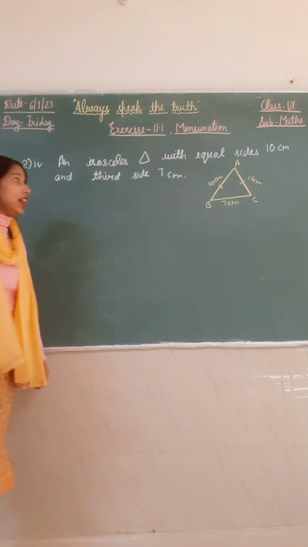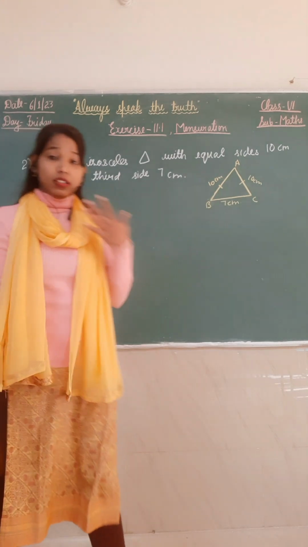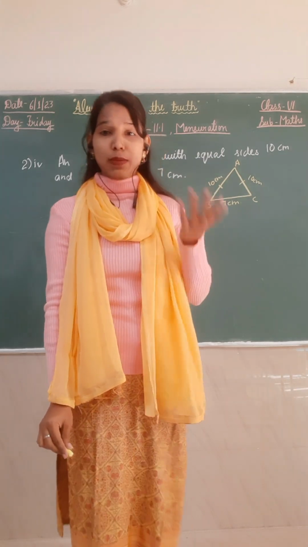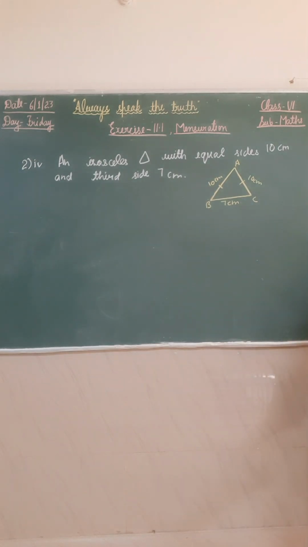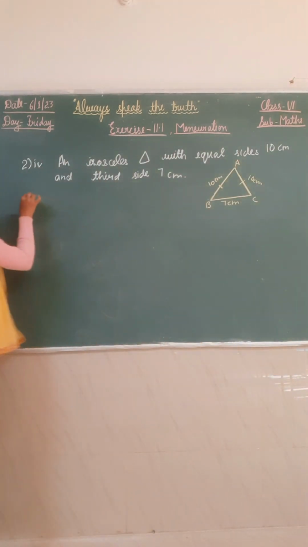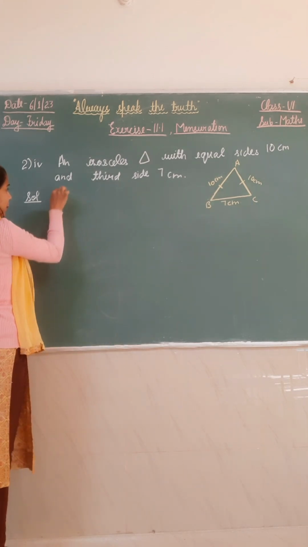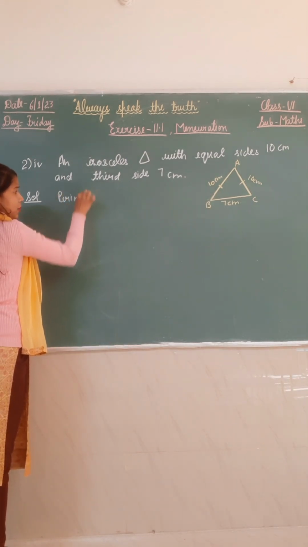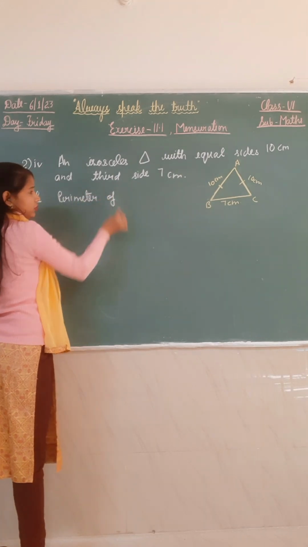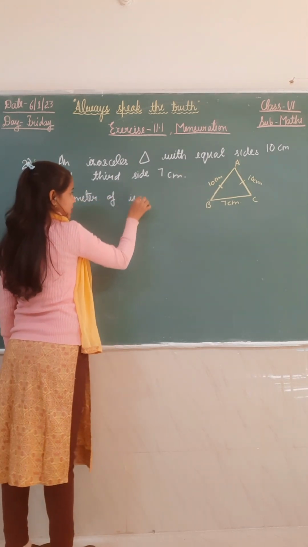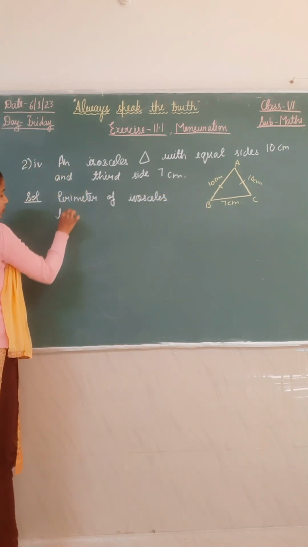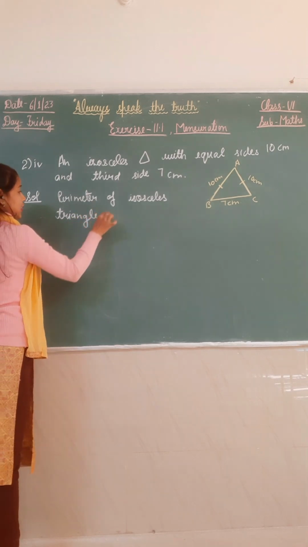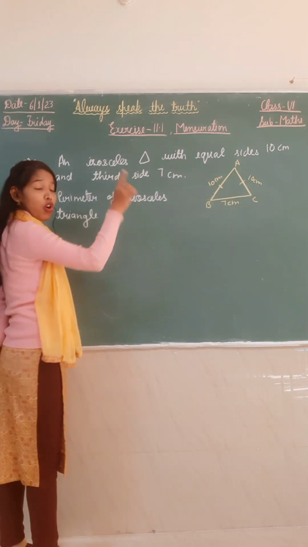Now we have to find the perimeter of it. I told you yesterday, right? What is perimeter? Sum of all sides. Solution. Write down the solution. Perimeter of isosceles triangle is equal to sum of all sides.